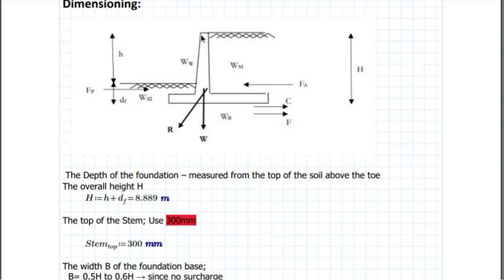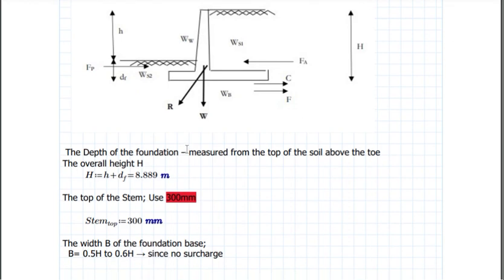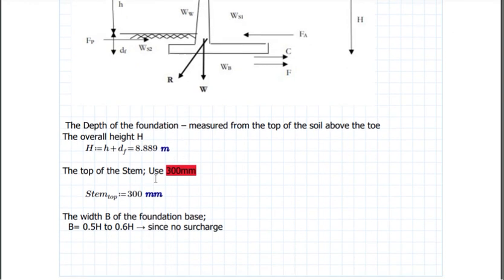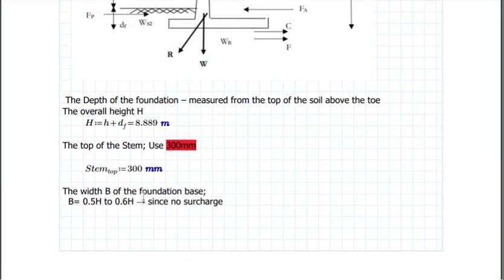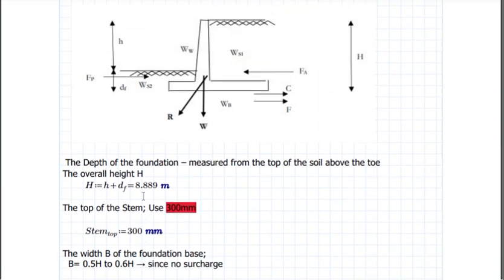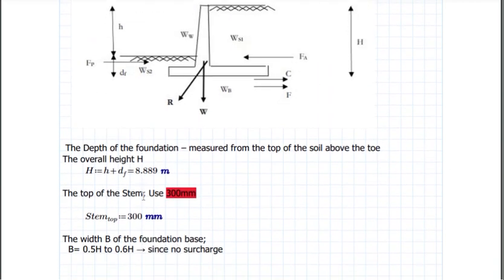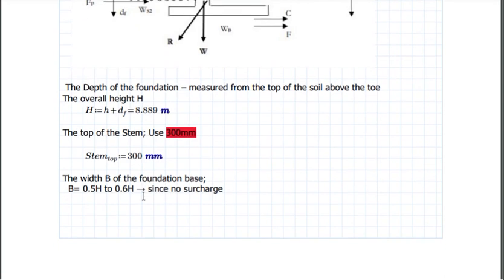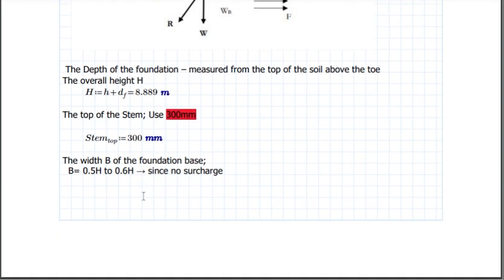So the thickness of this stem is 300 mm. Normally it should have been 200, but I chose 300 because, again, we are using a mild steel, as I mentioned earlier.